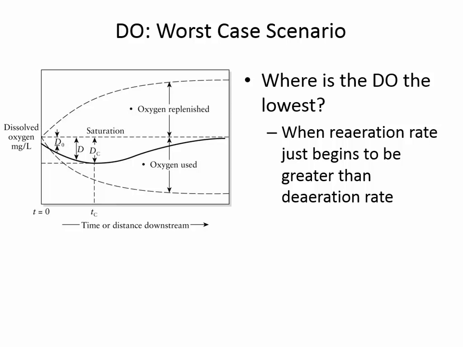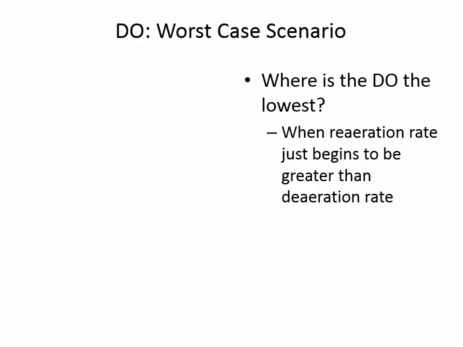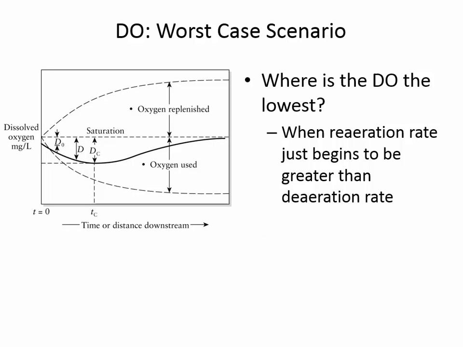So the formula that we've just seen here for D is solving for how far it is from the saturation concentration down to this sag curve as a function of time. On the vertical axis, we can measure dissolved oxygen, and deficit is a measure of how much dissolved oxygen is missing.